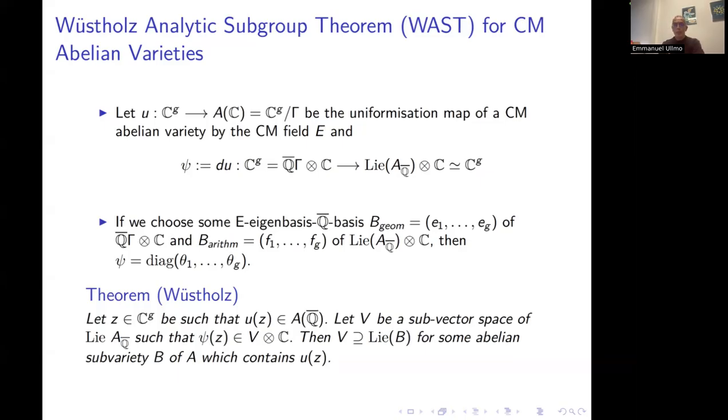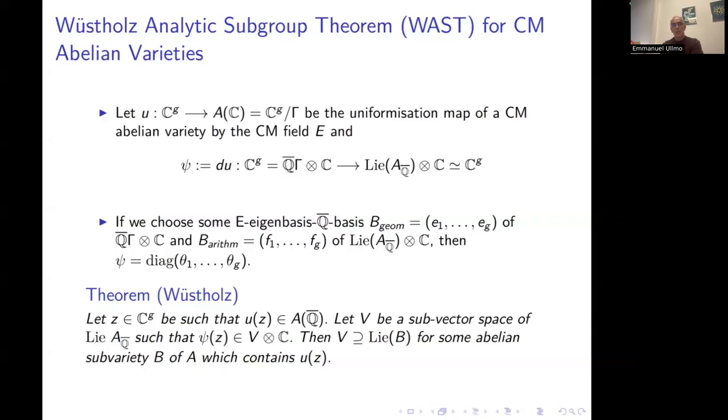Then you give yourself a subvector space V of the arithmetic structure, so of Lie(A) over Q-bar, and you assume that psi(z) is contained in V tensor C. So Wüstholz's theorem is saying that the only explanation for this is that there is a sub-abelian variety which explains this situation.